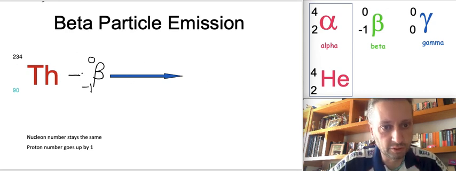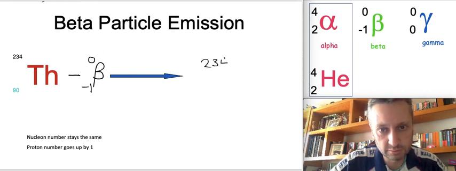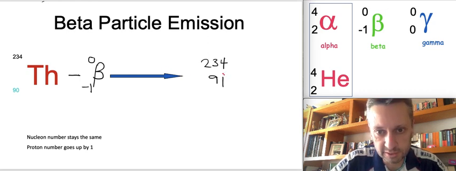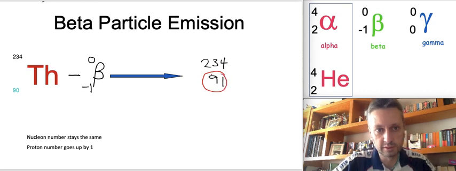Okay, 234 minus 0 is 234. 90 minus 1 is 91. Okay, again, the number we're interested in here is the proton number, 91.